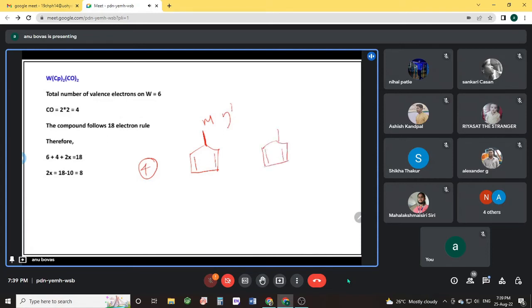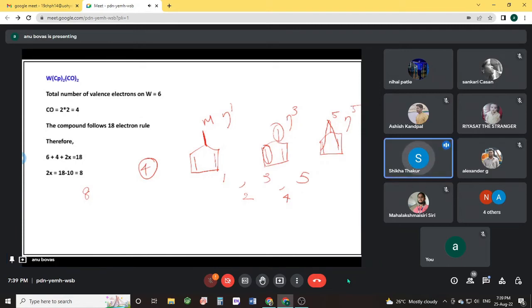And if the metal is attached to 2 plus 1, that is 3 carbon atoms, it will be eta 3, and if the metal is attached to 1 carbon atom, it will be eta 1. So it will donate 1, 3 and 5 electrons. It cannot donate in between, 2 or 4. So 8 should be divided in terms of 1, 3 and 5.